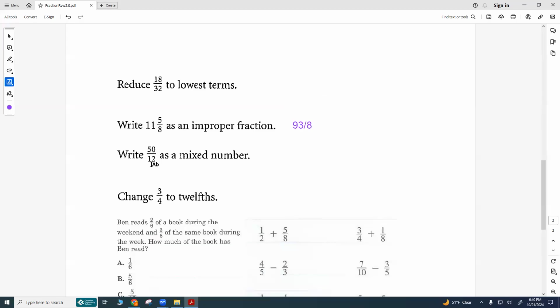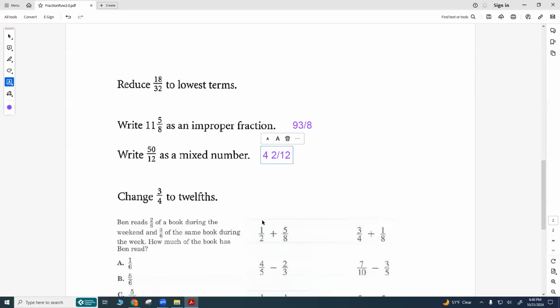Okay, then if we do it the opposite way, 12 goes into 52 whole times, 4 times, excuse me, 4 whole times. 12 times 4 is 48. 50 minus 48 is 2. And then keep the denominator.